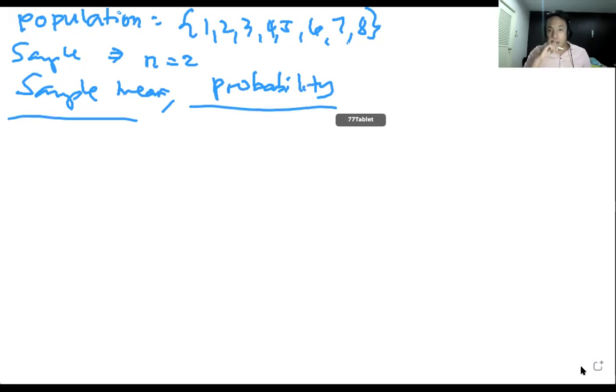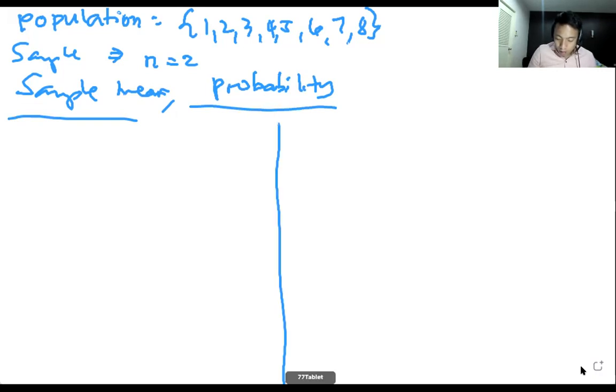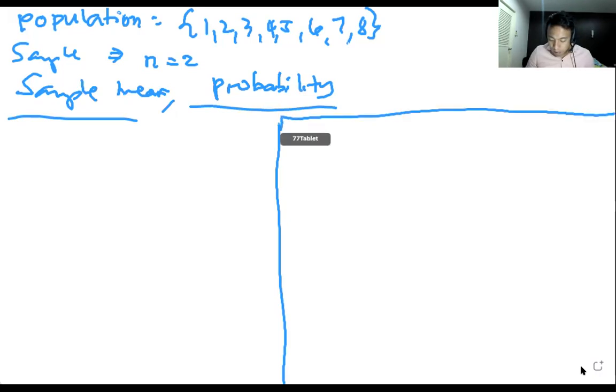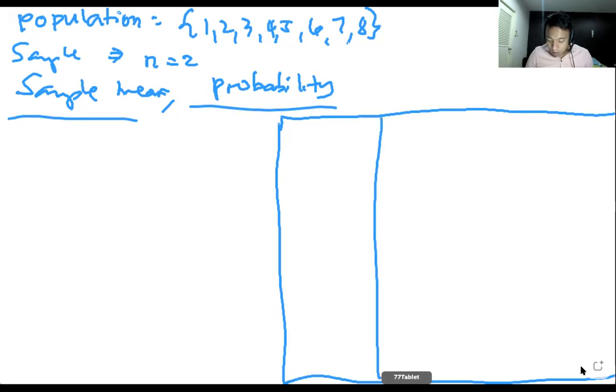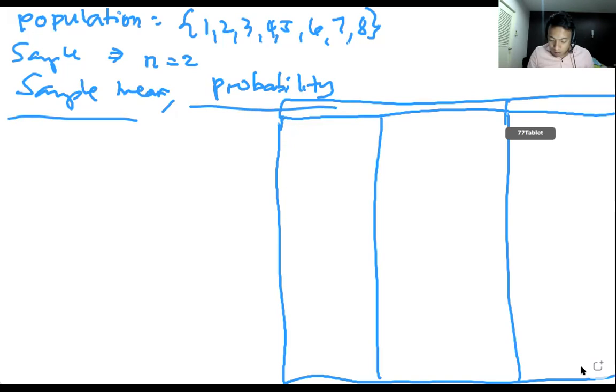Okay, now let us find now the pairs. So dito gagawa muna ako ng table. Okay. So these are our samples.